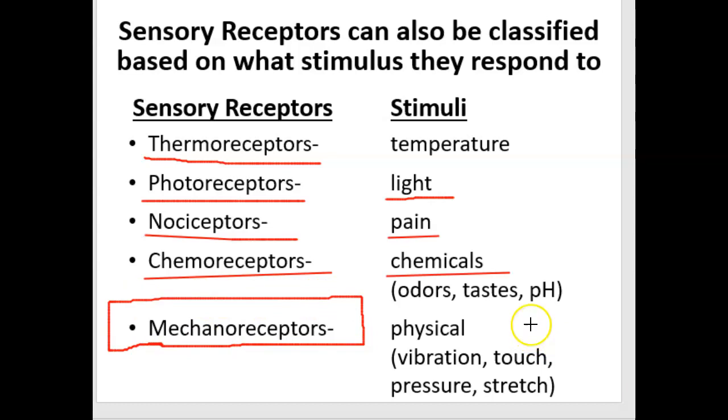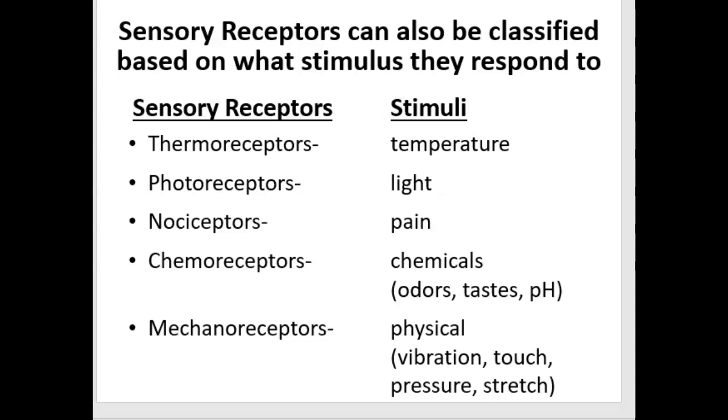These are the ones we're going to talk about, and they detect physical stimuli: vibration, touch, pressure, stretch. So in the skin, we can detect general stimuli, and we are going to focus our attention on mechanical stimuli.